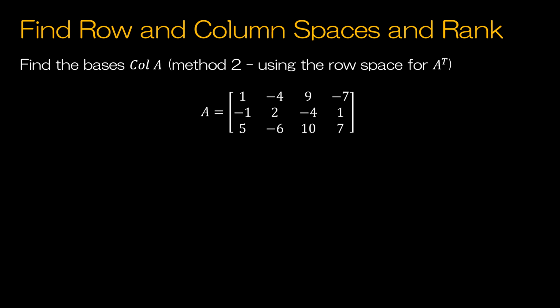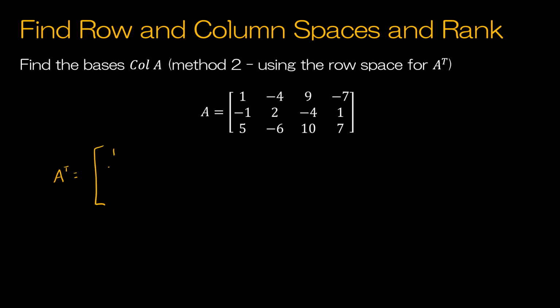There is also another way to find the column space of A using the transpose of A. I don't prefer this method because I'm already doing the work to find the row space of A, so I might as well just use that same work for the column space. But the other way is to take A and write the transpose.